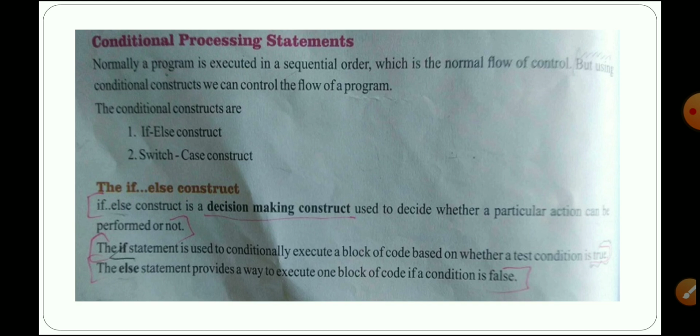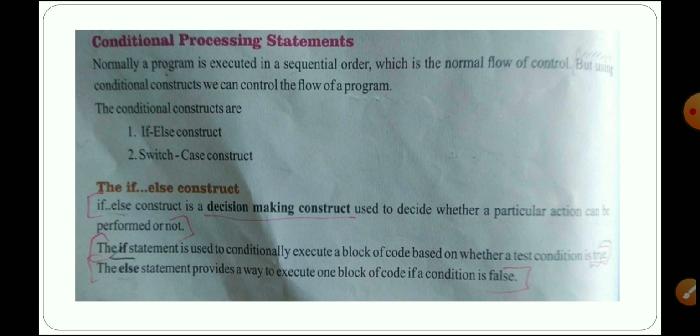So we execute a program one by one in a sequential order, as well as with some conditions. We have some rules and regulations for executing a C program, so we follow the conditions and execute in a sequential order with the flow of control. That is called statements.